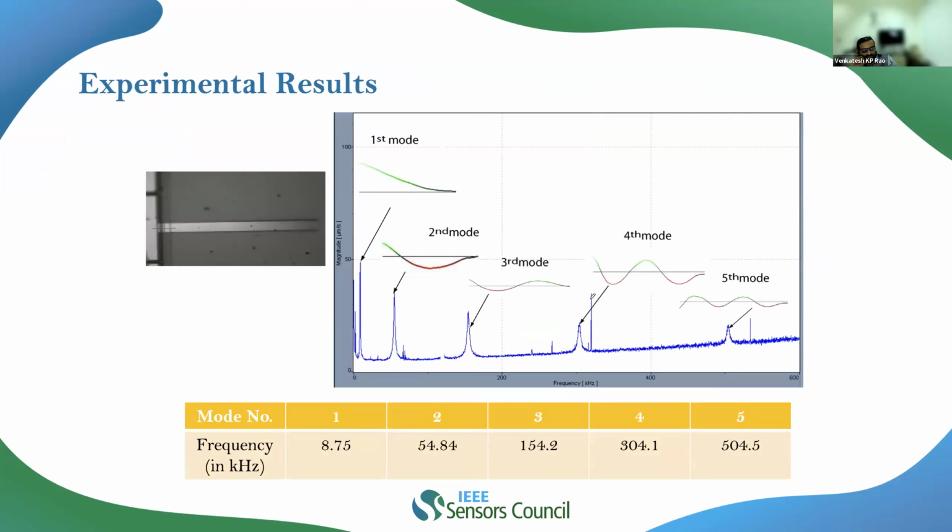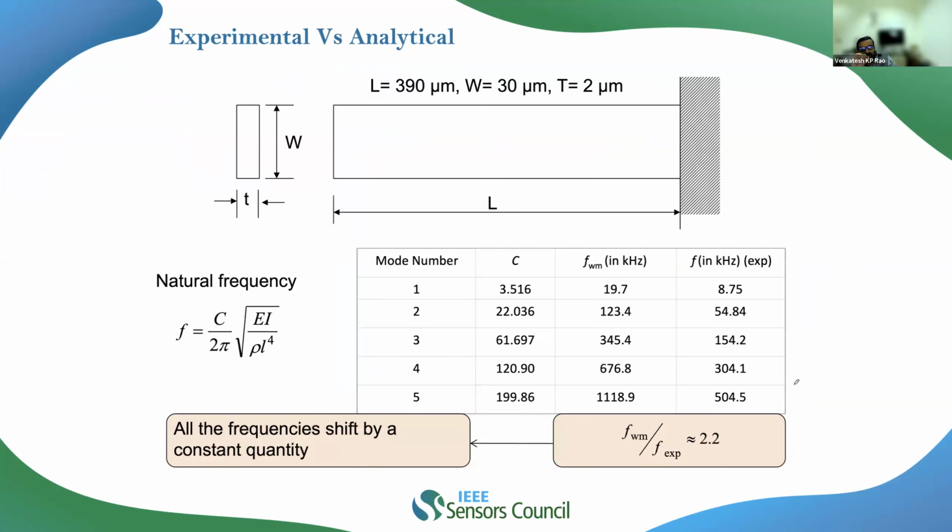I showed you the mode shapes as well. And for different modes of vibration, these were my natural frequencies associated with it, right? Now, this was done by the polymer process earlier. For this cantilever, in case of polymers, the typical thickness will be around 2 microns, and the width was this, length was this.